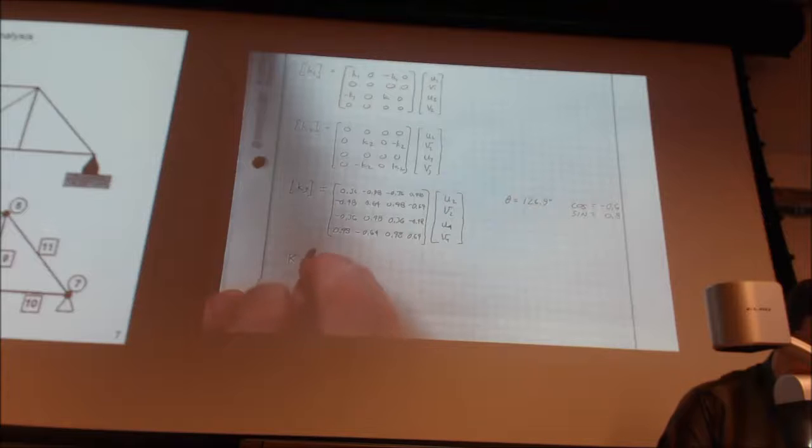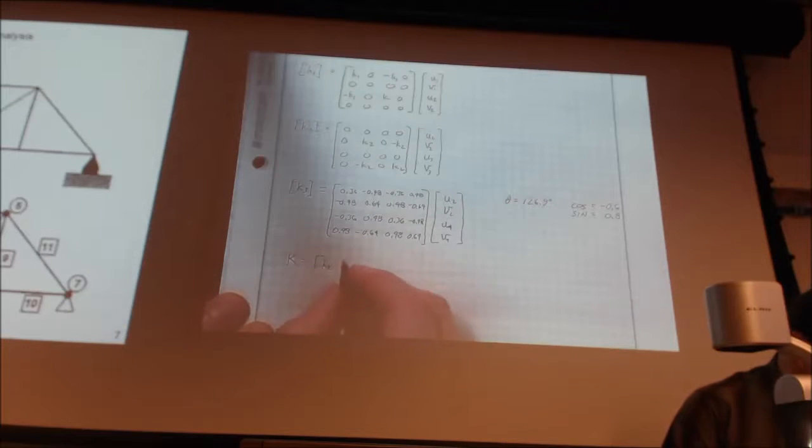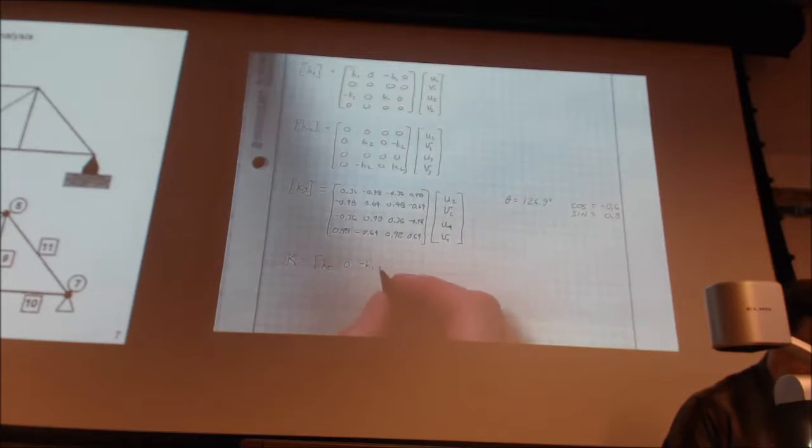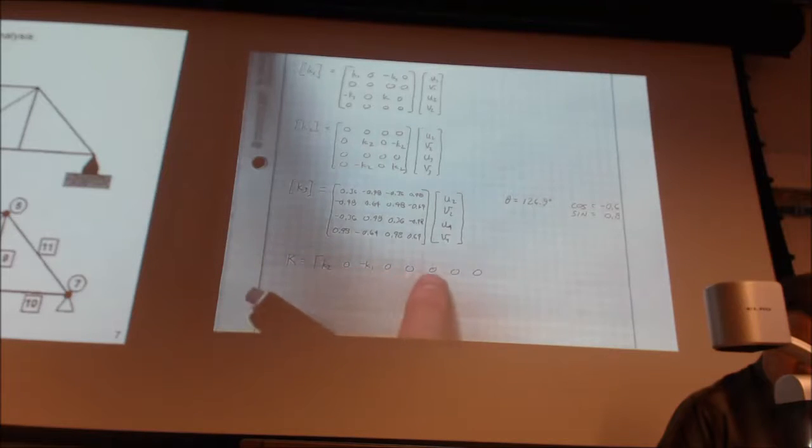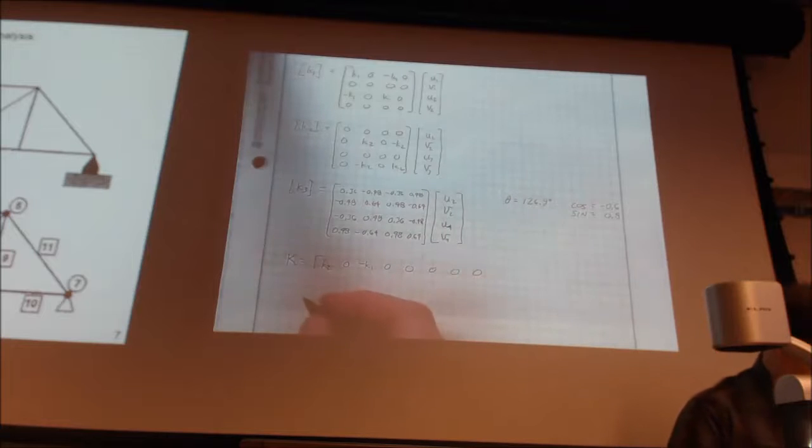Hopefully I don't screw it up. Oops. K2, 0, minus K1. Two, 3, 4, 5, 6, 7, 8. Next row is all zeros.